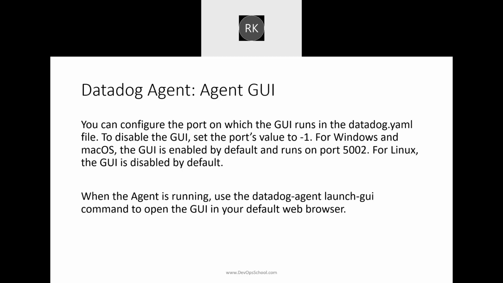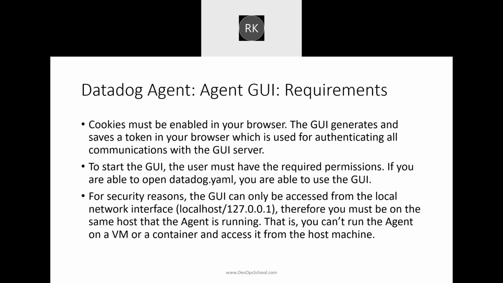The moment you install the agent and start it, you can access this UI. If you want to disable the agent GUI in the datadog.yaml file, the port value has to be set to -1, so it will be disabled. So the UI of the agent is also available.